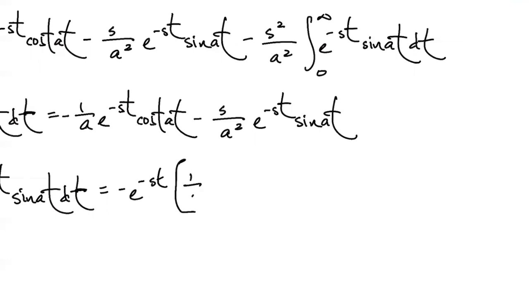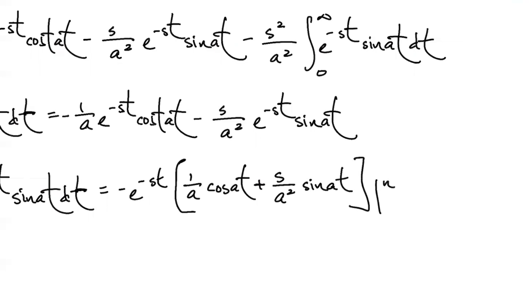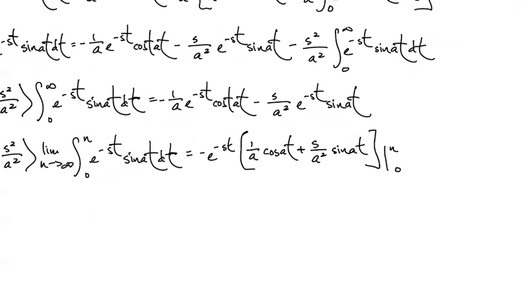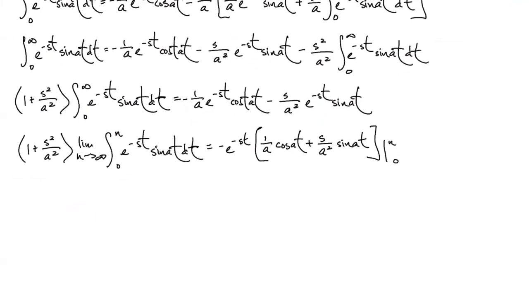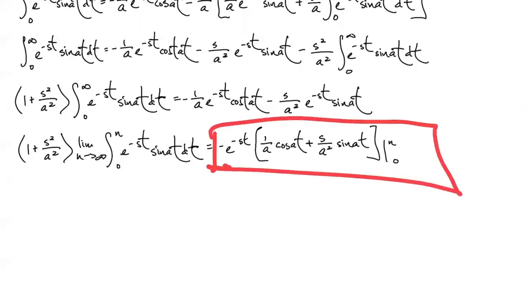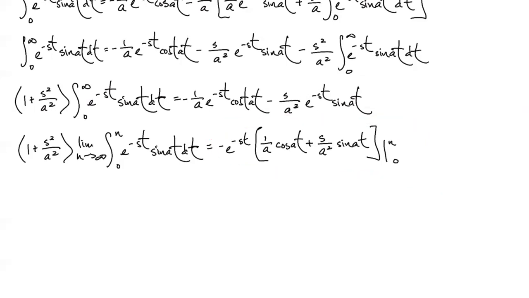We have 1 over a cosine of at minus s over a squared plus sine at, evaluated from n and 0. Now, all of this on the right-hand side, we're going to plug in an n everywhere we see a t. We're going to plug in a 0 everywhere we see a t, and we're going to go ahead and subtract those two.